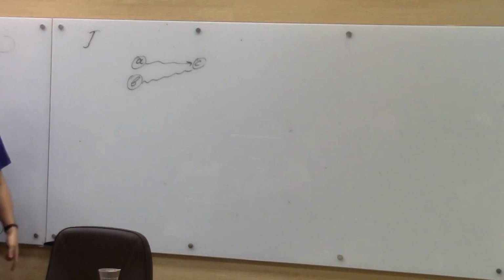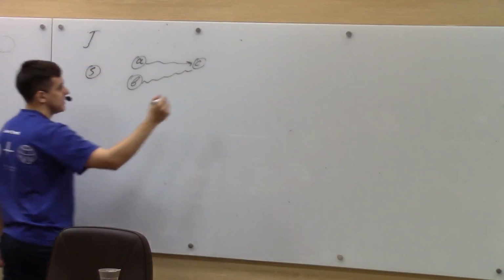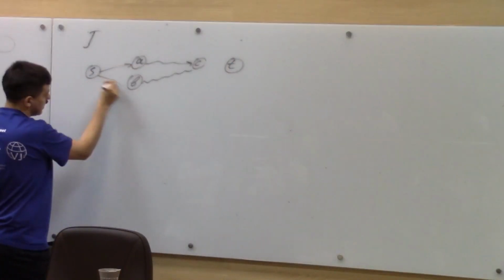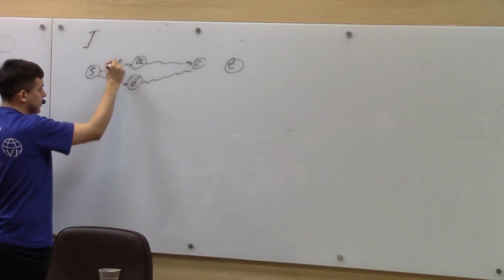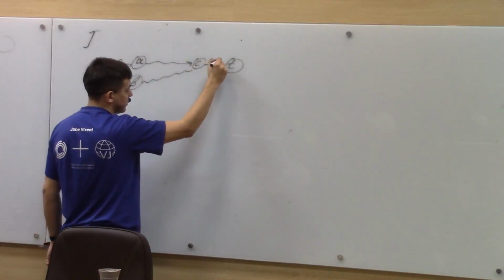This can be modeled as, again, a min cost flow problem. So we have S, we have T. We have this edge capacity 1 cost 0, capacity 1 cost 0. And we have this edge capacity 2 cost 0.